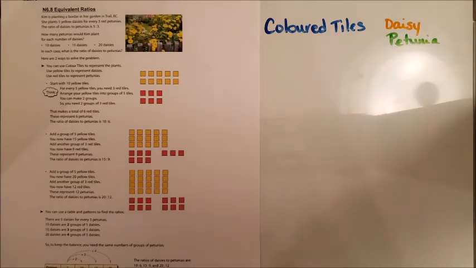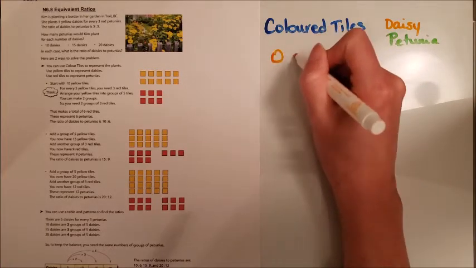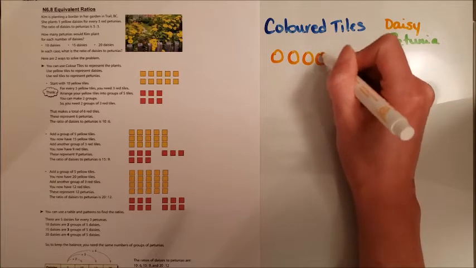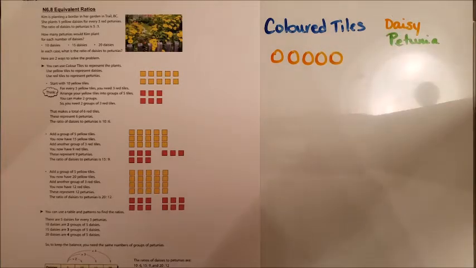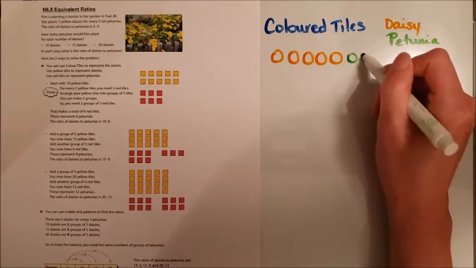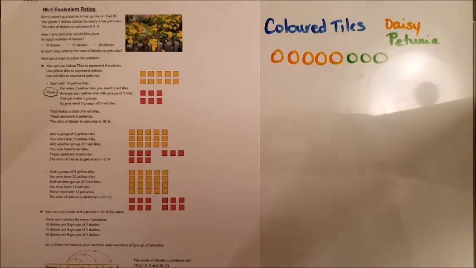So if I have 10 daisies, I'm going to start by drawing this in the ratio. So I have 1, 2, 3, 4, 5 daisies and 3 petunias.